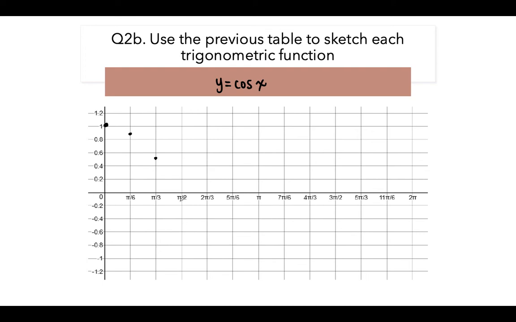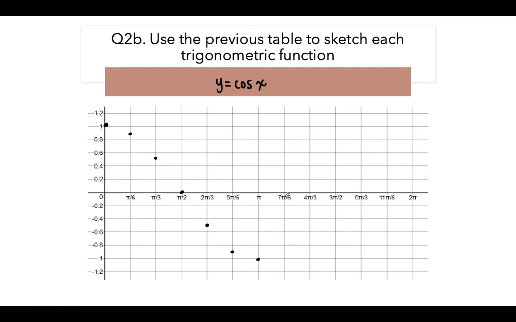And pi over 2, I have 0. And 2 pi over 3, we have negative 0.5. 5 pi over 6, you get negative 0.87. And at pi, you get -1.